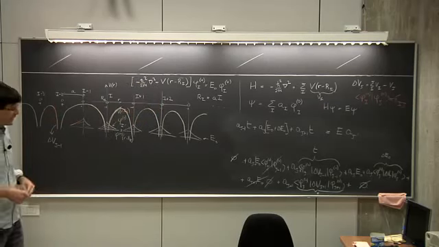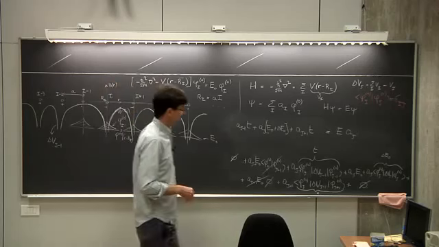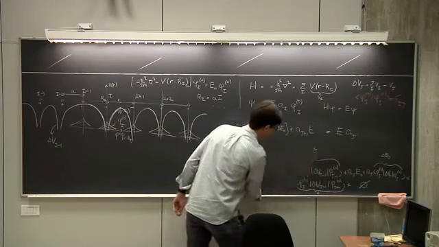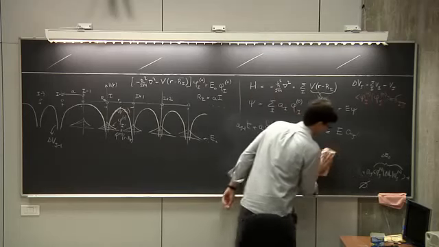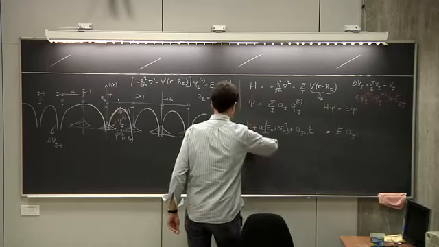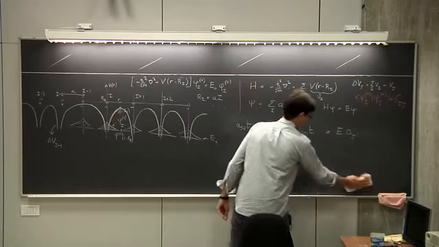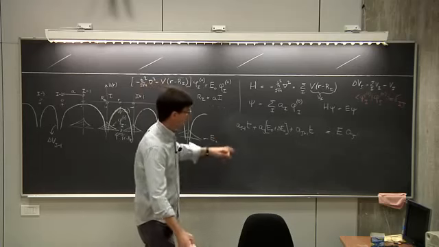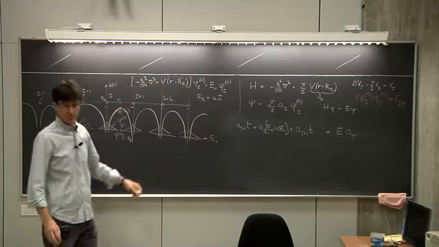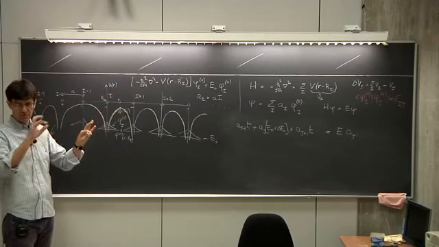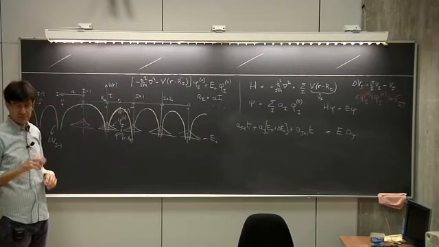In fact, let me write this as an equation between vectors. You remember last time when we had A1 and A2, I rewrote the two equations as an equation between a matrix times a vector equals an eigenvalue times the vector.